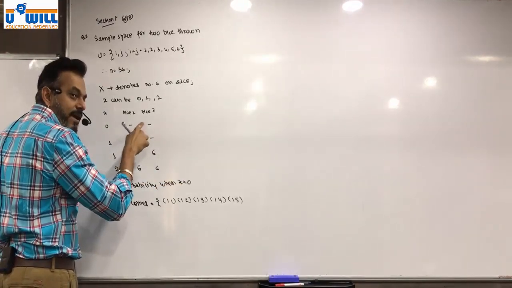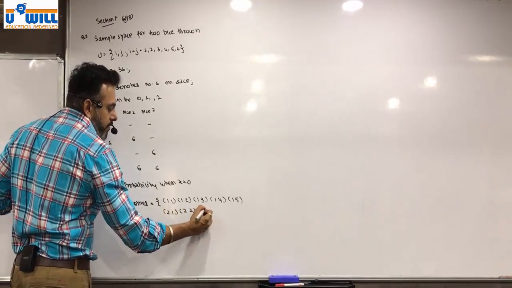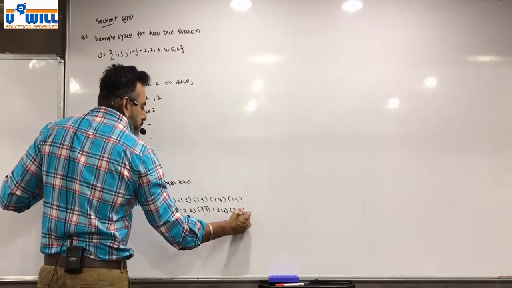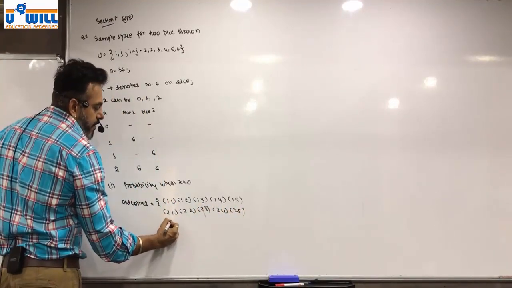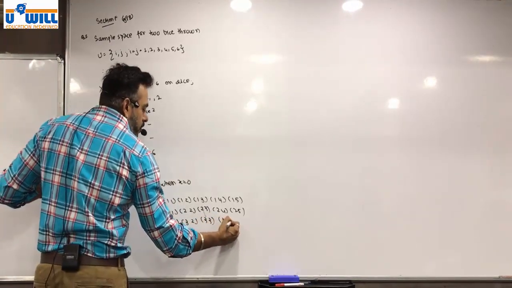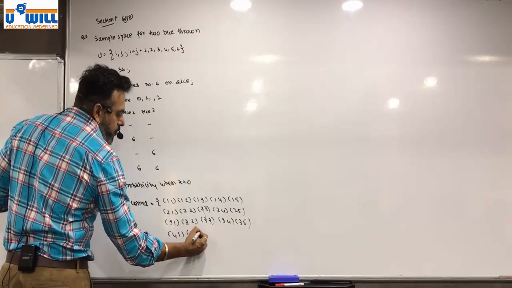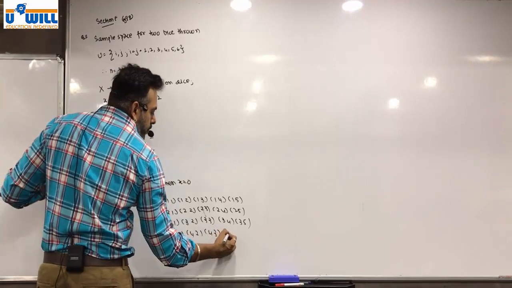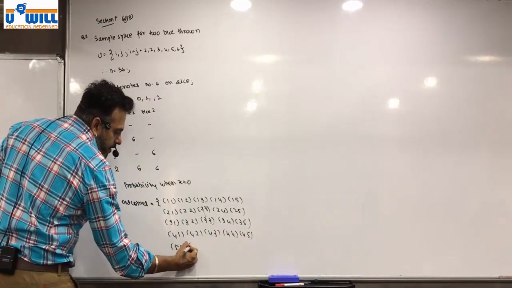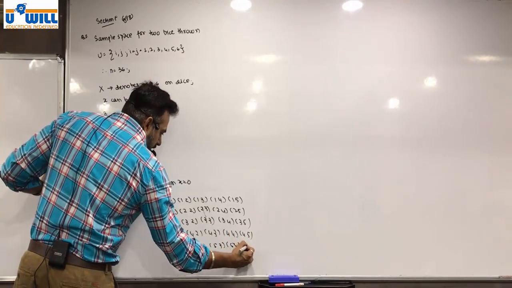Do we need 6 anywhere? No. Then it can be (2,1), (2,2), (2,3), (2,4), (2,5). Then (3,1), (3,2), (3,3), (3,4), (3,5). Then (4,1), (4,2), (4,3), (4,4), (4,5). Then (5,1), (5,2), (5,3), (5,4), and (5,5).